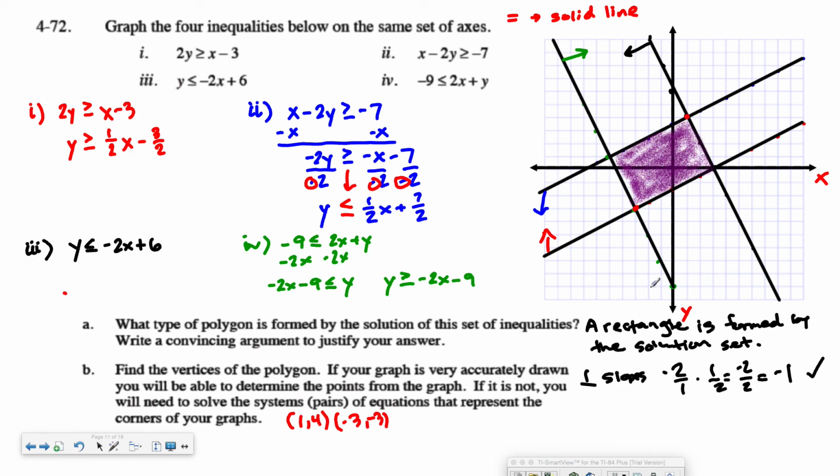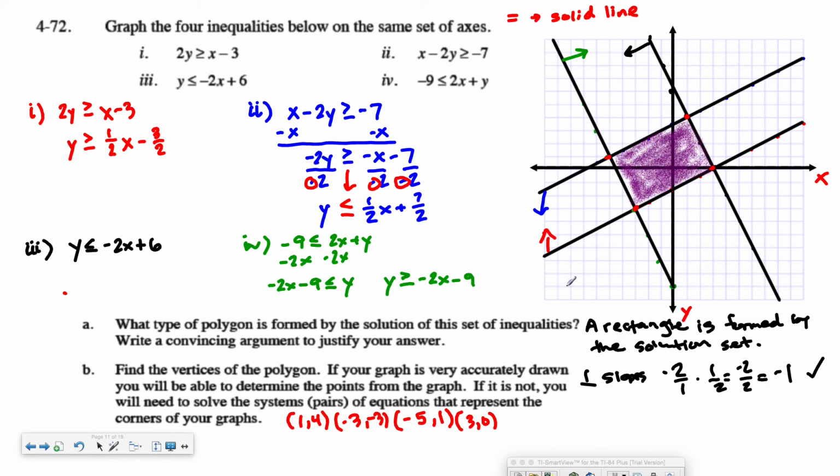Third point there would be -5, 1. So back 5, up 1. And the last one we have is the point 3, 0. So those are your 4 vertices for your rectangle.